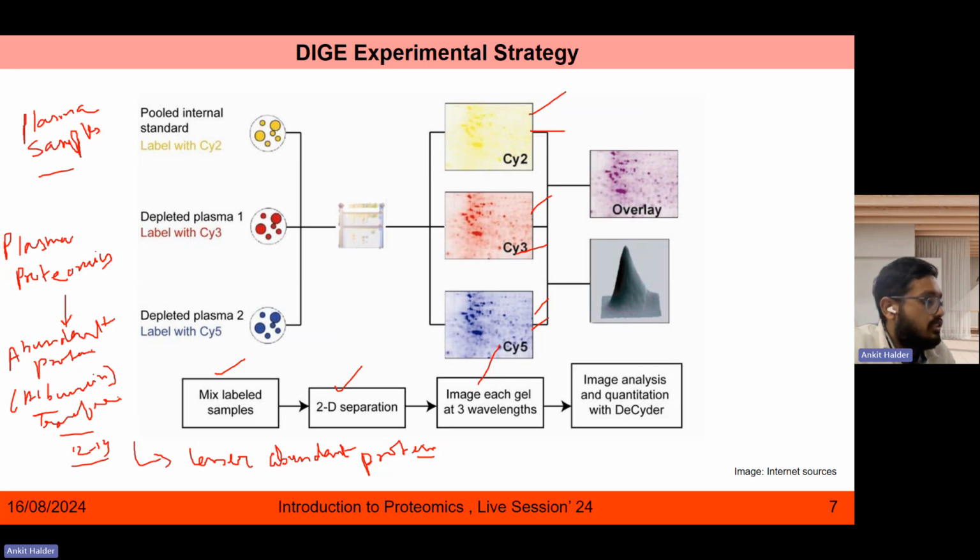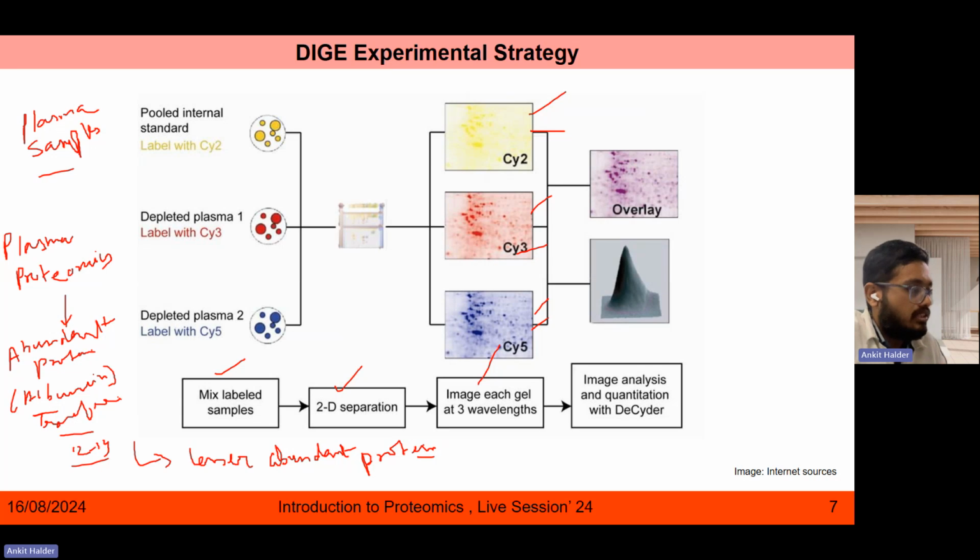So now, for instance, we have our sample for condition 1 and sample for condition 2. We are adding it, mixing it, labeling them with Cy5, Cy3, and Cy2.